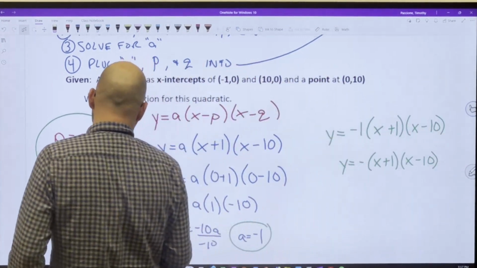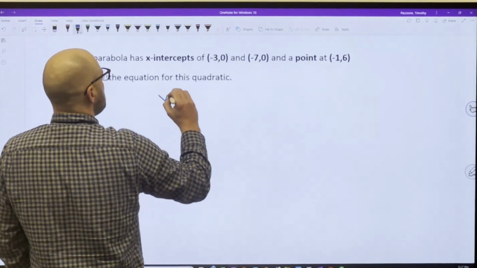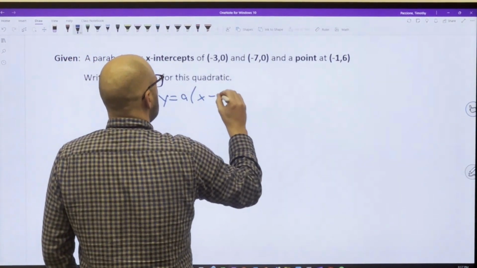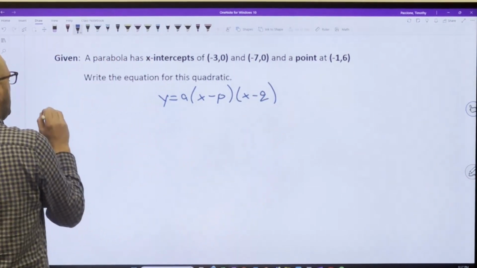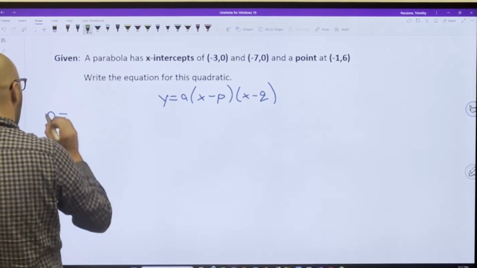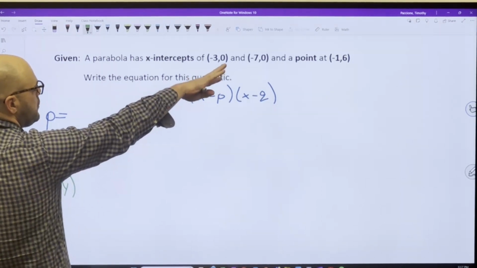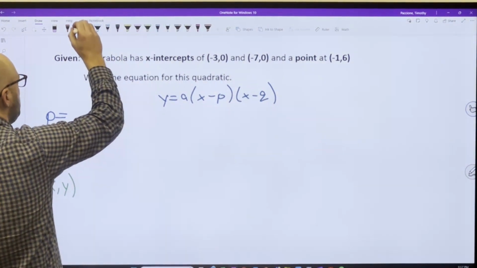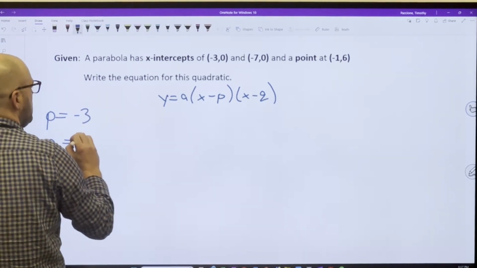Okay, so here we have y equals a times (x minus p) and (x minus q). So I know my p and my q, and I know an xy from the situation. It said x-intercepts of (-3, 0), (-7, 0), and a point at (-1, 6). So what's my p and q? Negative 3, negative 7.